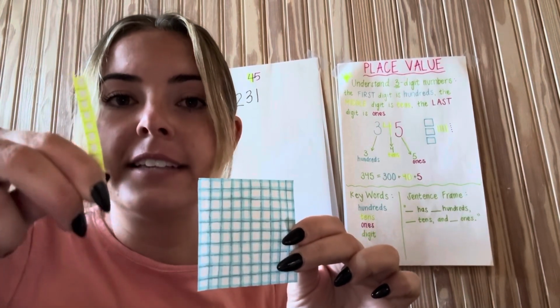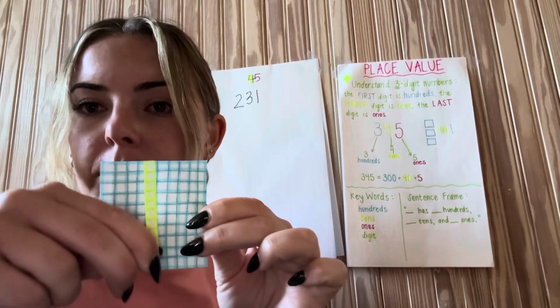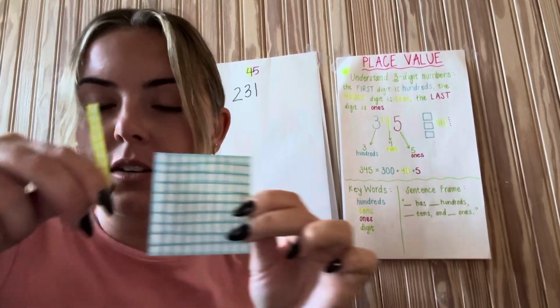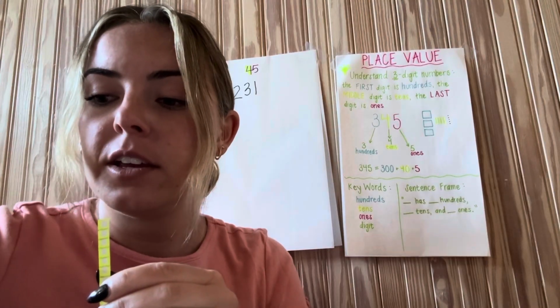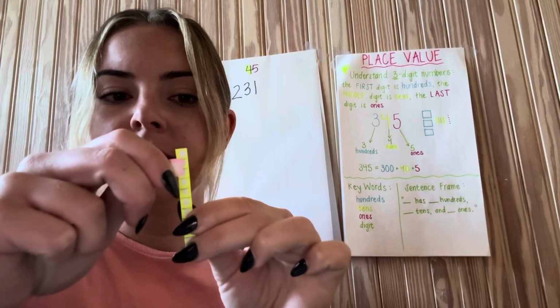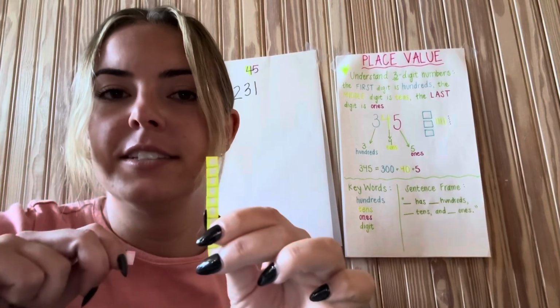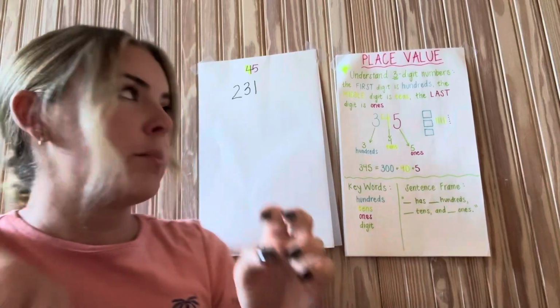This is because it has 10 ones. So 10 of these make up the 100 block. And if we look at our ones block, 10 of these make up our 10 stick.